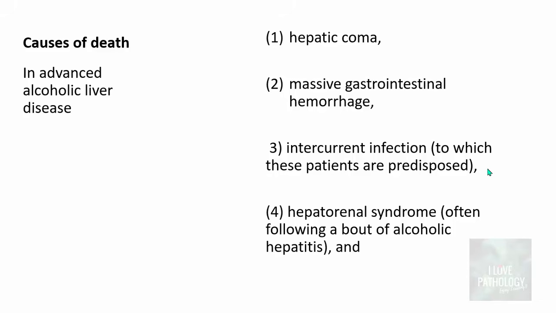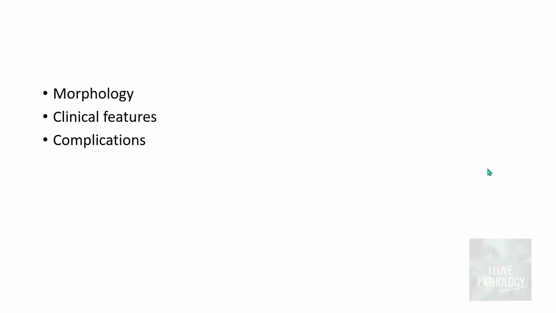It could also be because of hepatorenal syndrome, which is most often found after a bout of alcoholic hepatitis. And lastly, hepatocellular carcinoma. One of the important complications of cirrhosis is development of malignancies in these patients, that is hepatocellular carcinoma. So that completes alcoholic liver disease. In this part, we discussed the morphology, the clinical features, and a bit about the complications of cirrhosis.